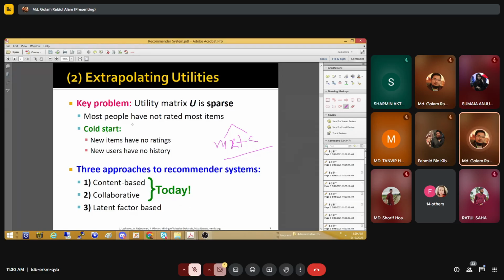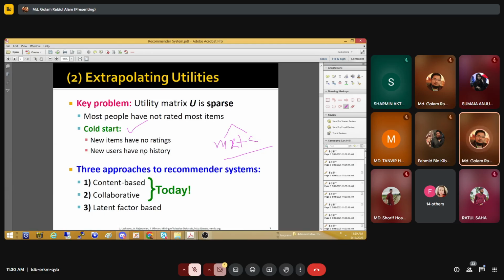But what are the key problems here? The key problem is usually called the cold start problem. That is, new items have no ratings. If an item is just introduced, maybe you will not get ratings for that. And new users have no history. If you want to recommend products to a newly joined user, they don't have any history.